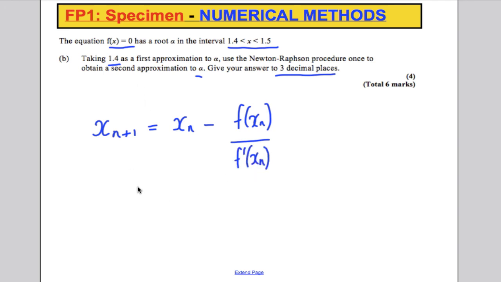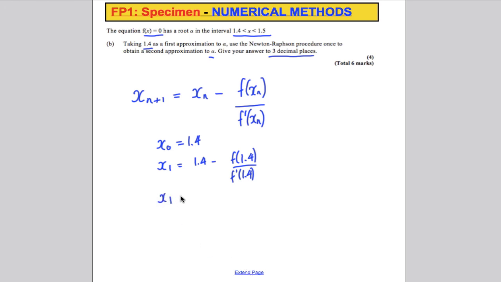We are told to take our first approximation x0 as 1.4 and we're asked to work out x1. Well, x1 therefore is simply 1.4 subtract f of 1.4 divided by f dashed of 1.4.